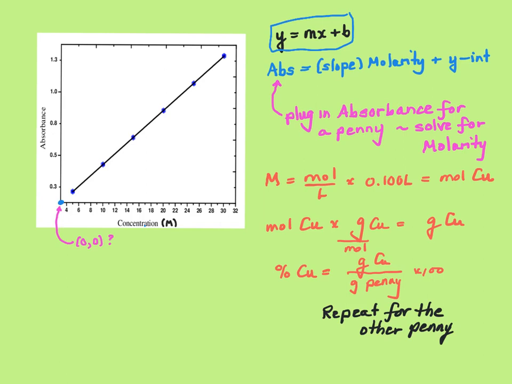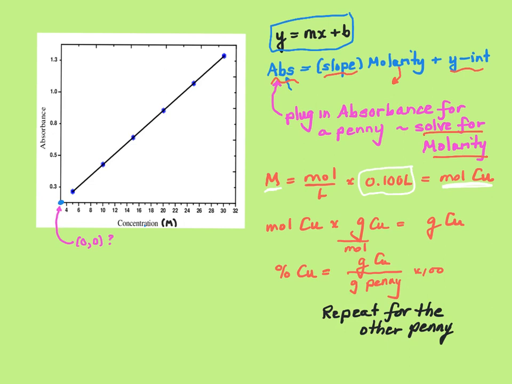For the pennies, they won't get graphed. You'll take the absorbance for your penny and plug it in here, and then you'll solve for molarity, because you'll know the slope, the y-intercept, and the absorbance. Once you've got your molarity, that's moles per liter, multiply it by the volume of your flask, and you'll have moles of copper.